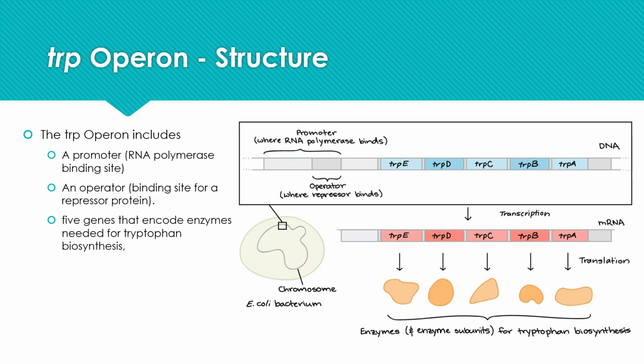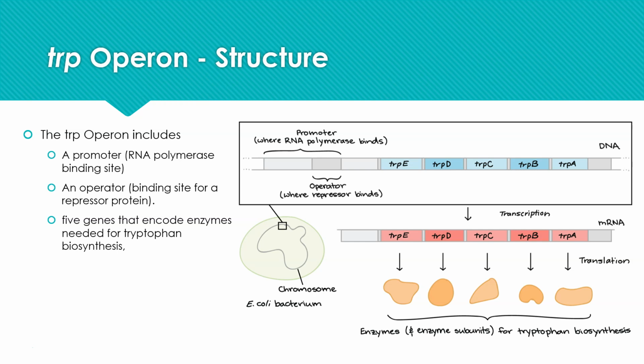So with the operon structure, you have 5 TRP genes: TRPE, TRPD, TRPC, TRPB, TRPA. Really, it's TRP and then one of the letters from A to E, and they're just listed in reverse order in the gene. So you have these 5 genes.